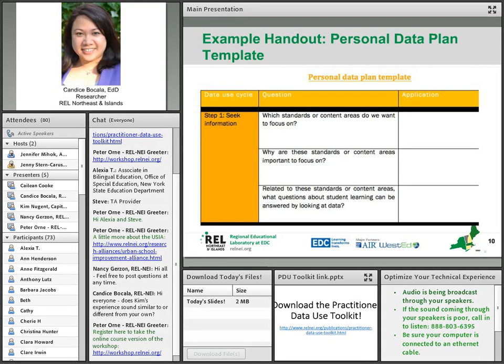So when you bring people together to look at data, you start with that question and having them define what question they want to explore before they start looking at the data. If they just sit down and begin looking at data without a question in mind or without a purpose for looking, they can go off in different places. They can make observations that might not be tied to their area of focus.